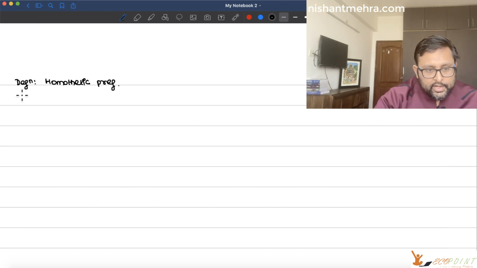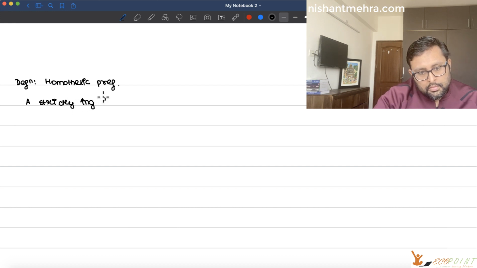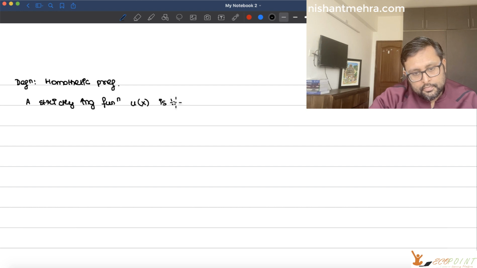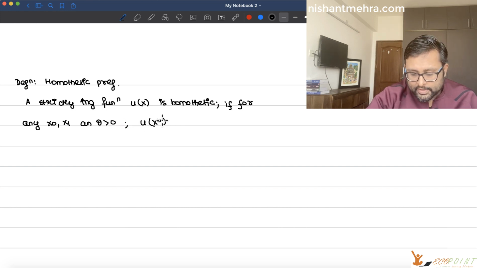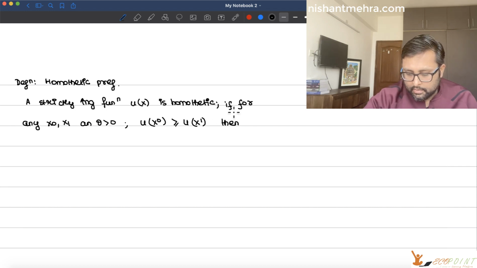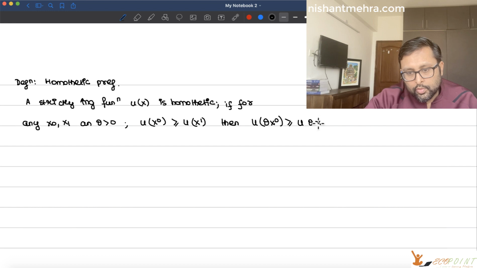A strictly increasing function u(x) is homothetic if for any x0, x1 and theta greater than 0, if u of x0 is greater than or equal to u of x1, then u of theta x0 would also be greater than or equal to u of theta x1.